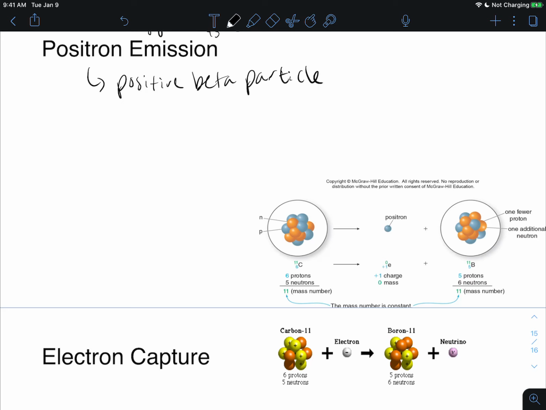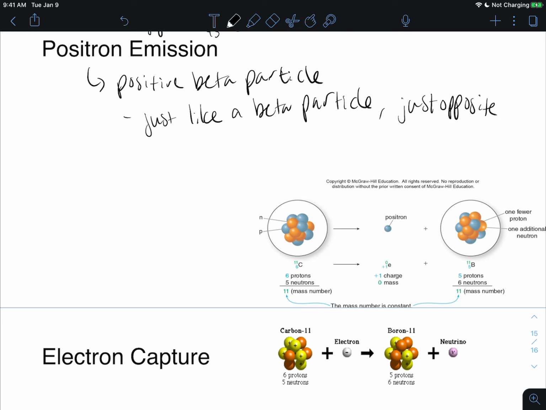So the idea with the positron is a proton decays, forming a positron and a neutron. So we're going to decrease the number of protons and increase the number of neutrons in our product.